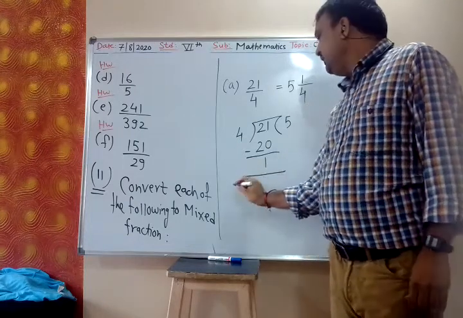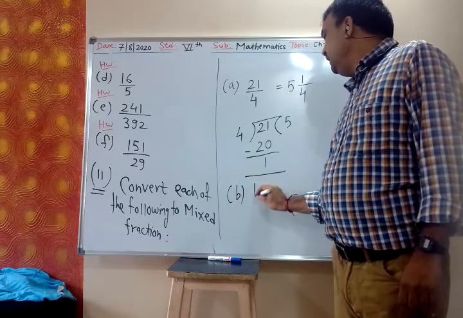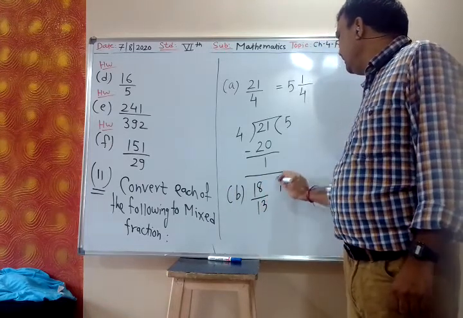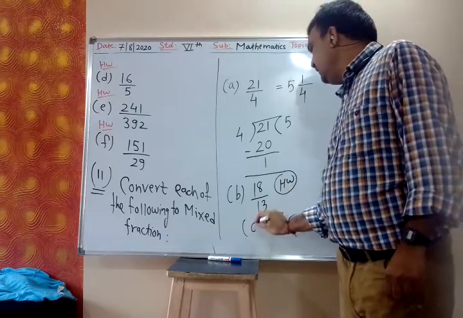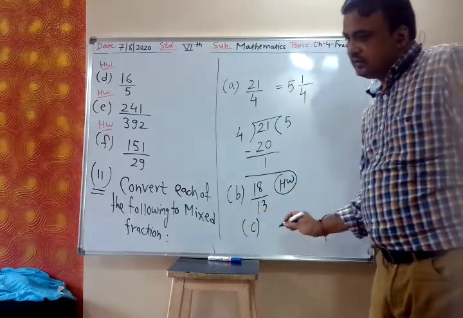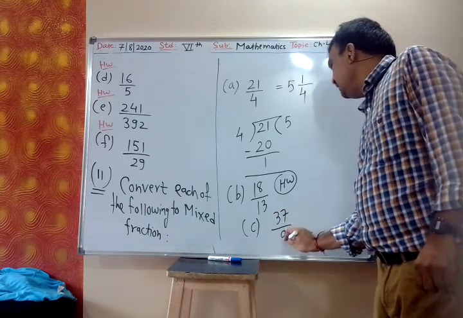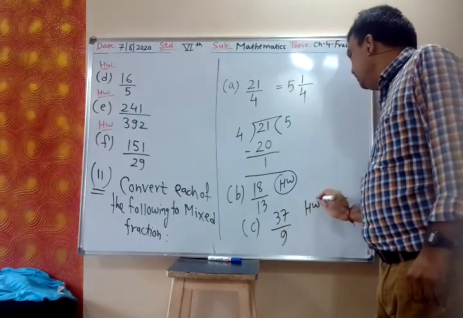B, 18 upon 13. B will be homework. C, 37 upon 9. This will be homework.